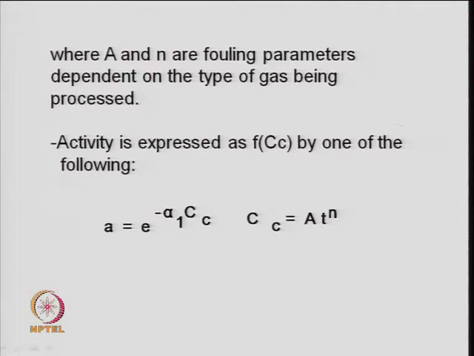Activity is expressed as a function of coke formation, given by e to the power minus alpha times coke formation, as I discussed earlier, or Cc to the power n. One can use either expression, or design the kinetics of coke formation or find the expression for coke formation.